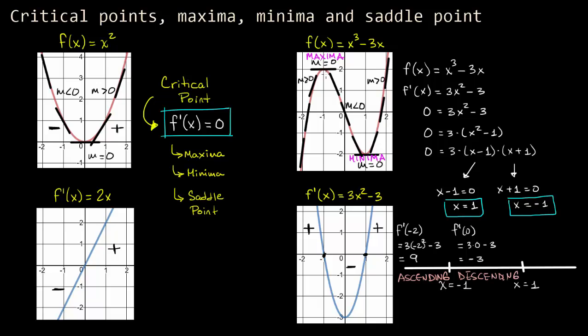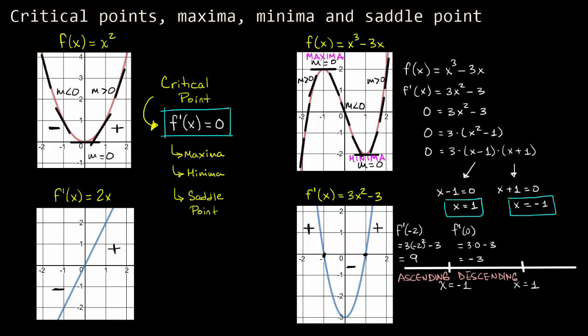Descending, and that's why you got this period of the function where the values are going down, and you have this negative area in the derivative, the descending part.